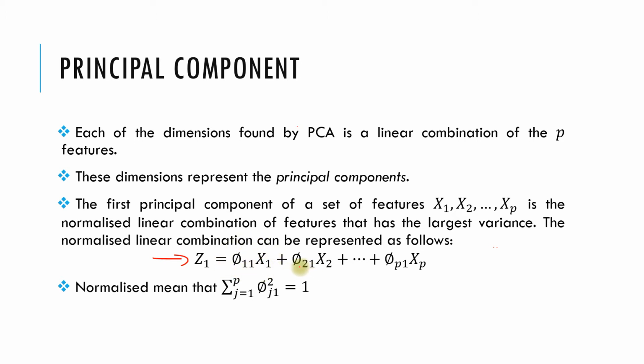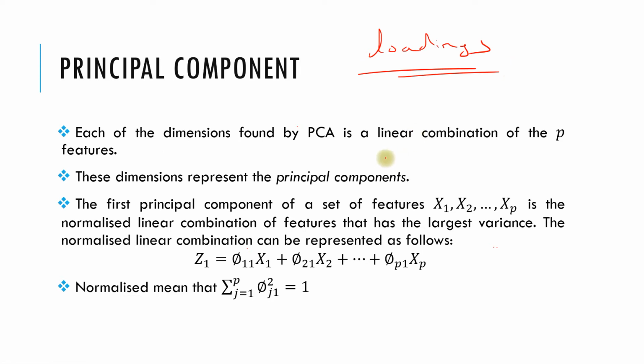Now, one thing you need to understand is that if you want Z1 to capture the largest variance, what we are trying to do here is to estimate these phi values, which, as I was saying earlier, we refer to as loadings.